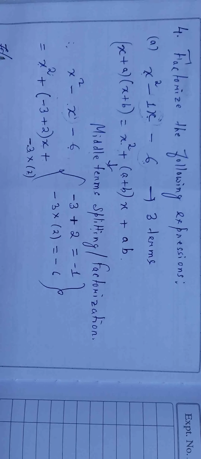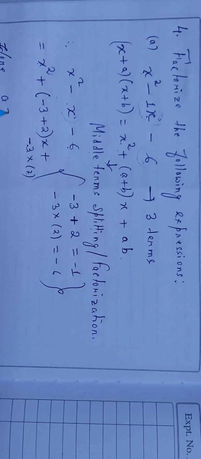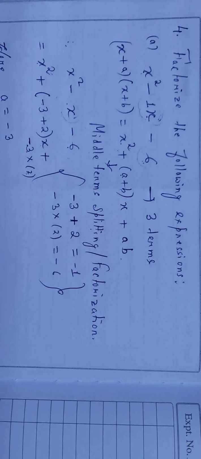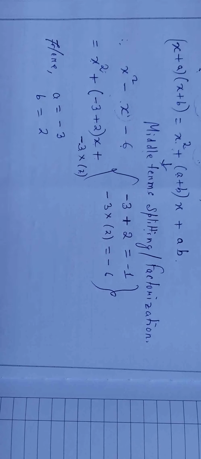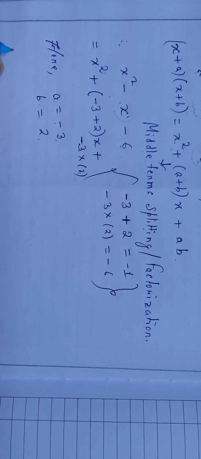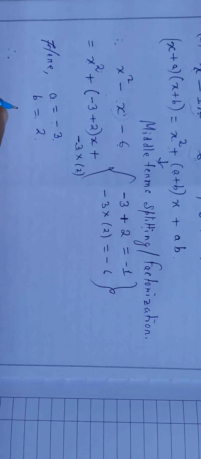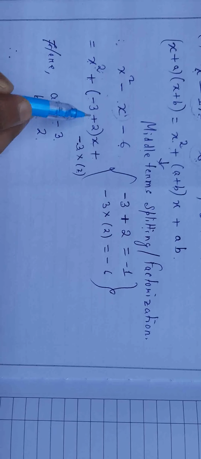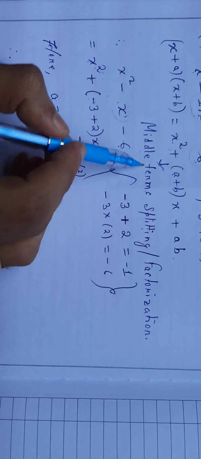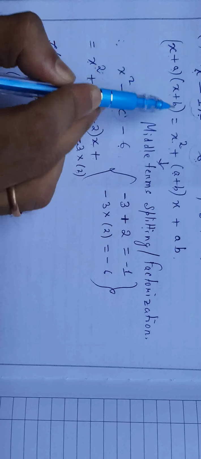Here a is minus 3, b is plus 2. Therefore, the above expression x square plus a plus b x plus ab can be written as x plus a into x plus b.